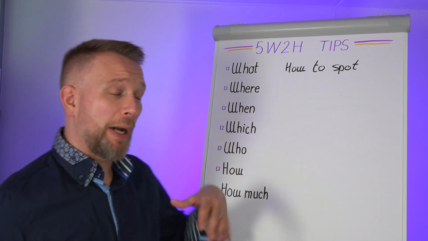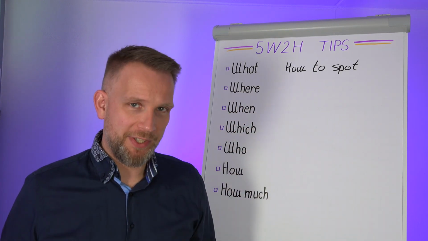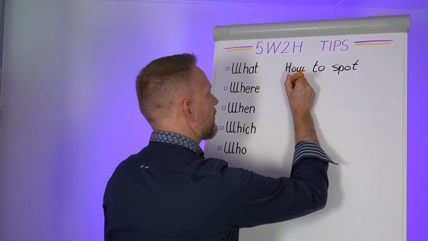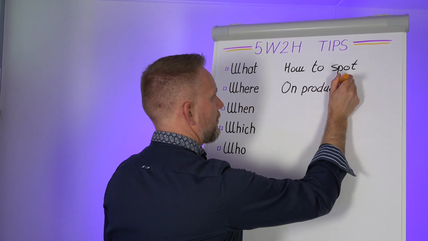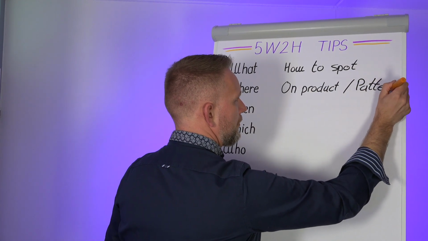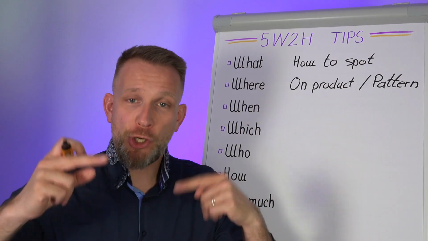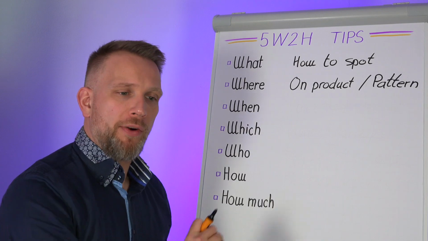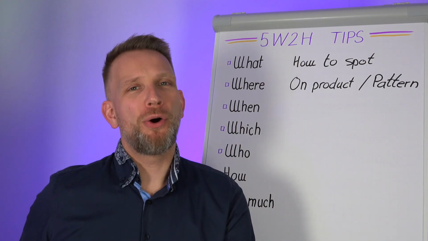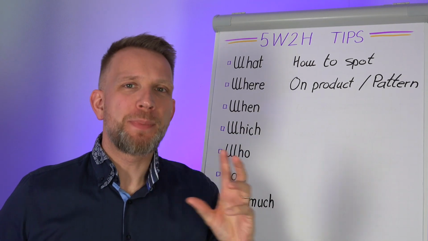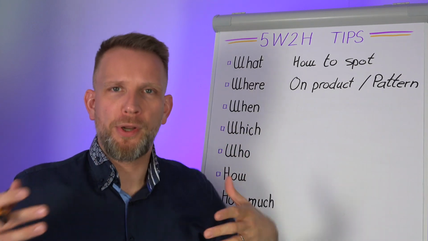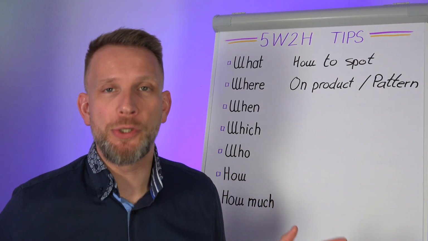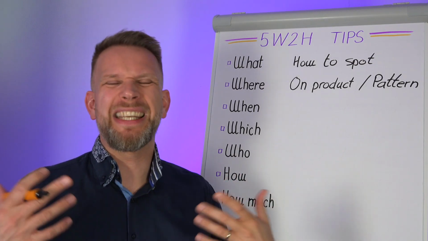But now we're really talking about where on the line, where in the process. How about where on the product? And is that perhaps showing up in a specific pattern? So yes, definitely describe where on the line, where in the process, but also think about, is there something specific on where on the product do we see damage, or where in the service do we see the deviation? This is especially useful if we really are talking about more defects, right?